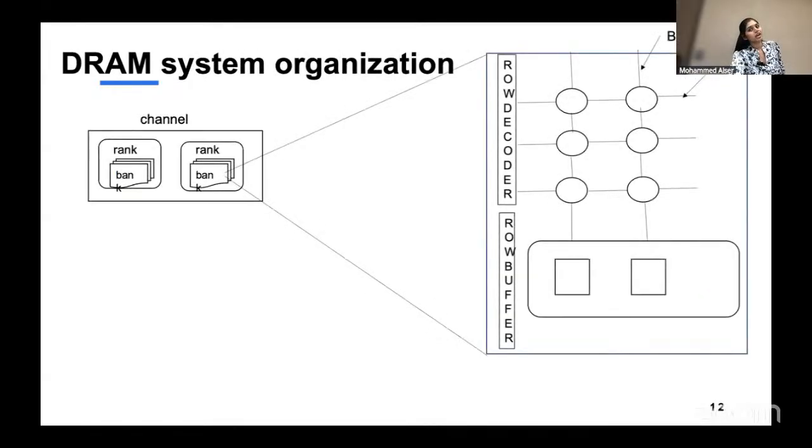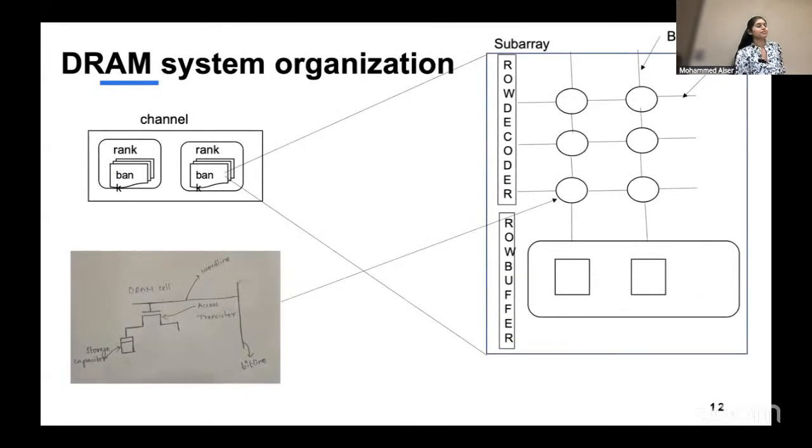So to understand that in a better way, the basic level would be the bank, and each bank has a row decoder and a row buffer.